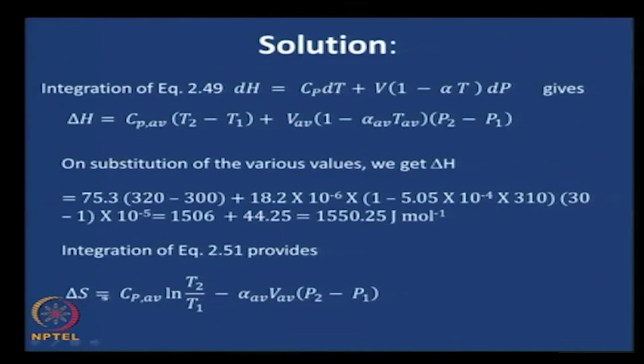Therefore, delta S would be, you have a dT by T term there along with a Cp, and therefore if we take the Cp average value here, Cp average times ln of T2 by T1, integral of dT by T is ln T, and therefore when you substitute the limits, you get ln T2 minus ln T1 or ln T2 by T1. Here this is straightforward, minus alpha average V average into P2 minus P1.